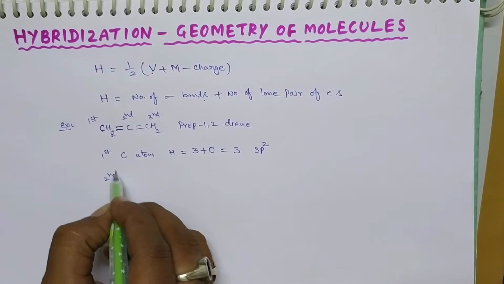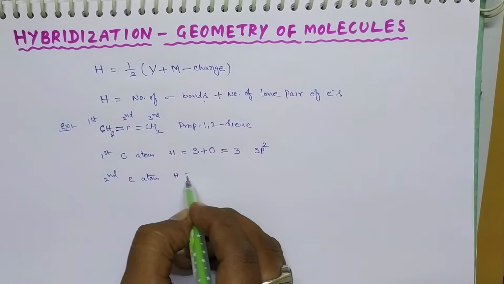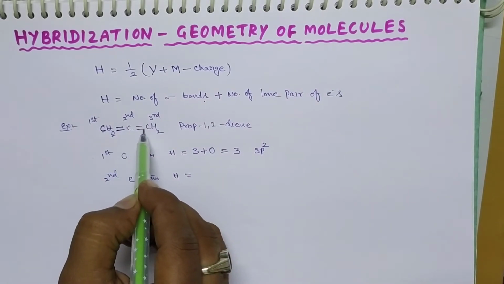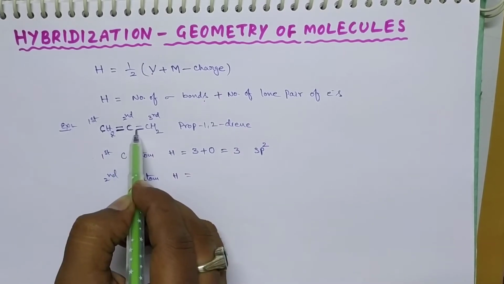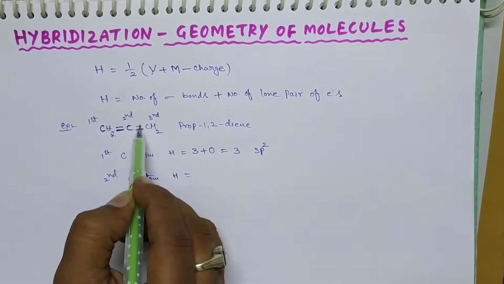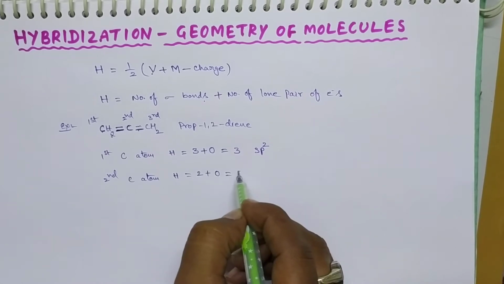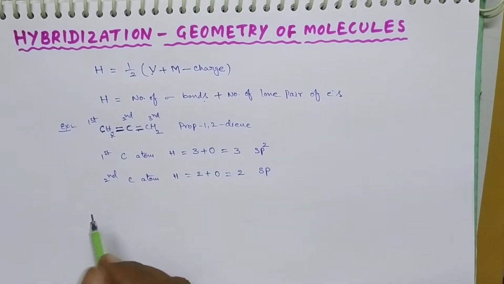For the second carbon, the hybridization is equal to the sum of sigma bonds and lone pairs. Here for the central carbon the number of sigma bonds will be 2 only. This is 1 sigma, the other sigma, and these 2 are pi bonds. So there are 2 sigma bonds and 0 lone pairs. The sum is 2, so it will undergo sp hybridization.